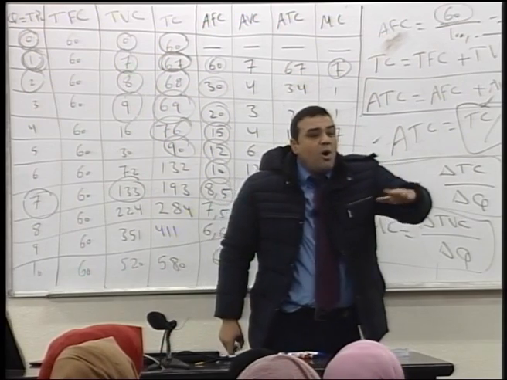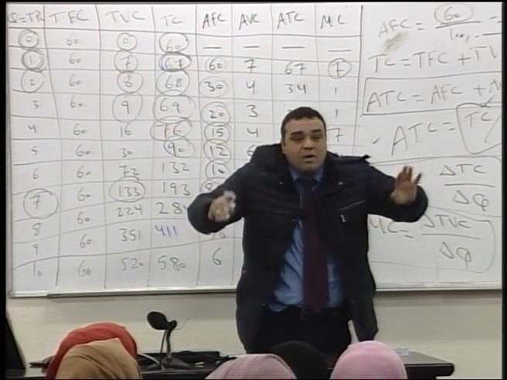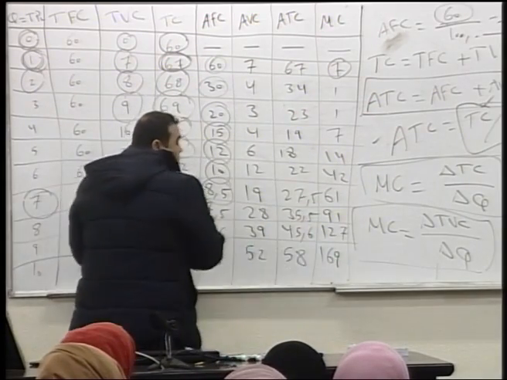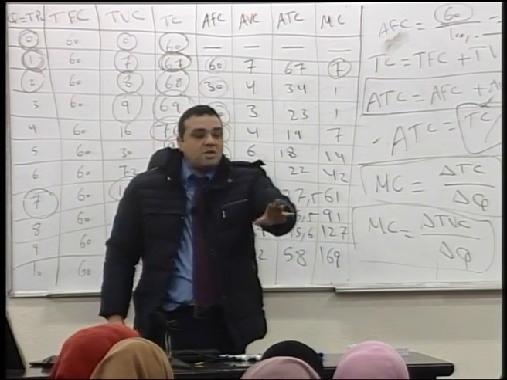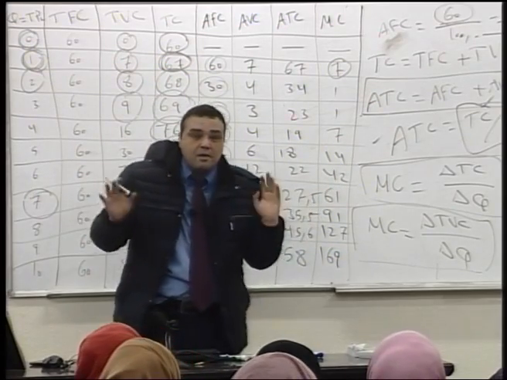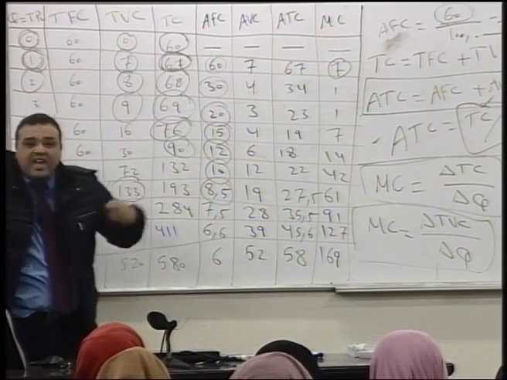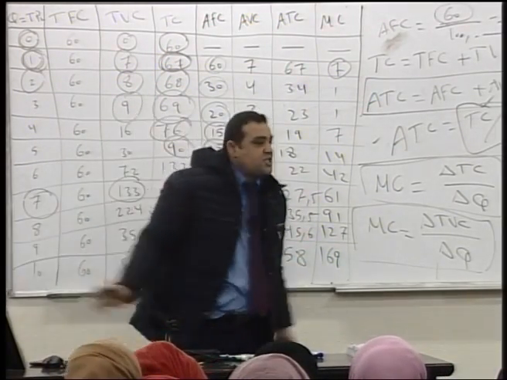In the long term, all variables or factors of production will be variable. Meaning here in this example we are talking about a short term. But in the long term, we have no fixed cost. We can change all the factors of production. We can change all machinery.